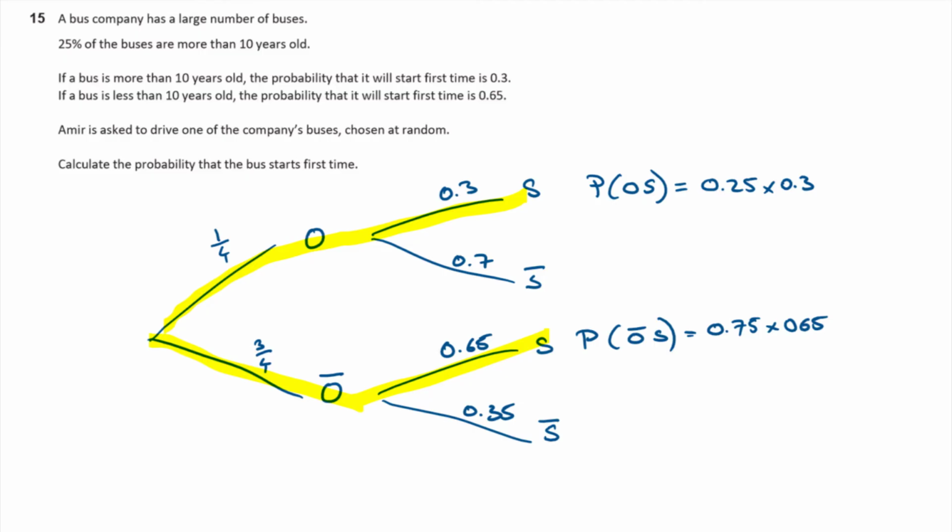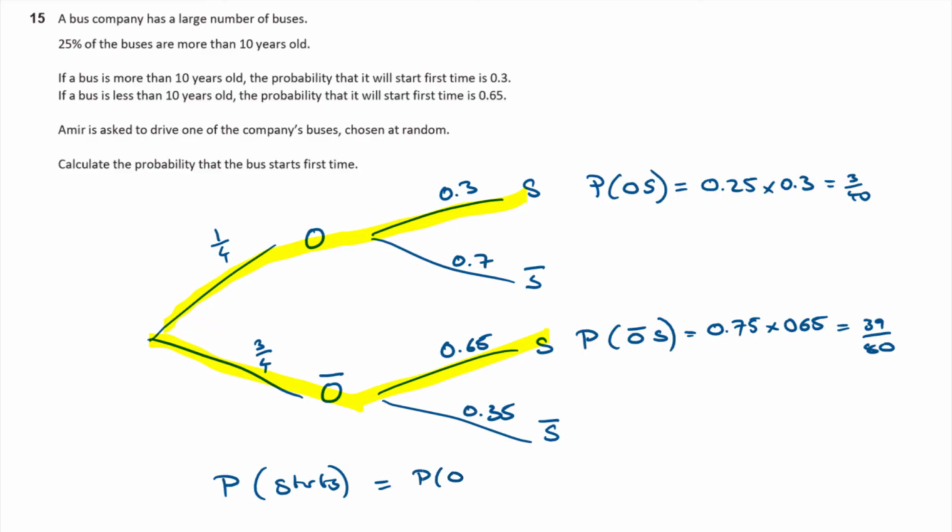So 0.25 times 0.3, that comes out to be 3/40. And then 0.75 times 0.65, it comes out to be 39/80. Okay, so then probability that it starts is going to be those two outcomes added together then, because it's either going to be one or the other.